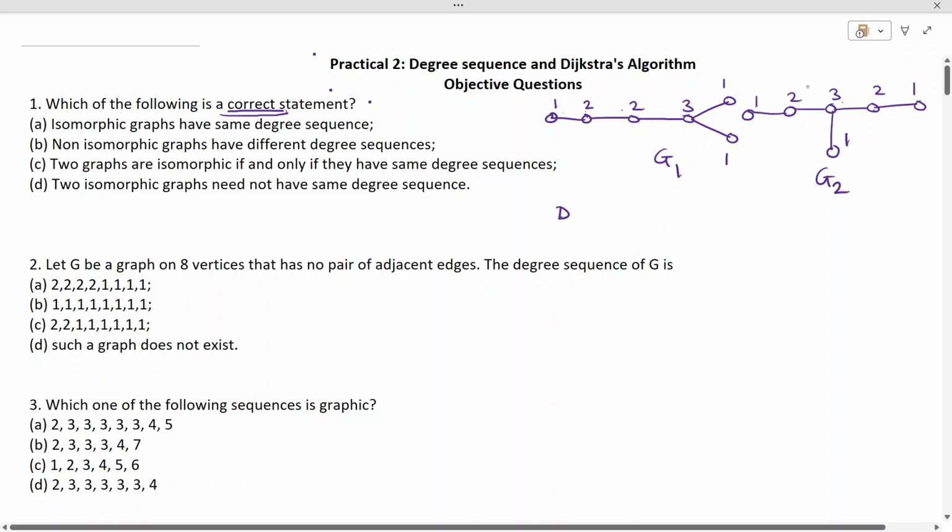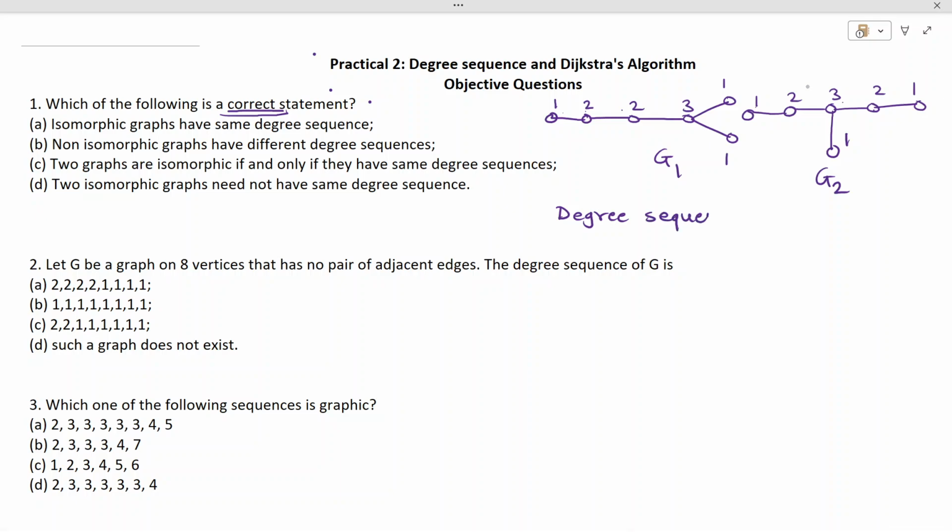But the degree 3 vertex in graph G1 is adjacent to two pendant vertices and the degree 3 vertex in graph G2 is adjacent to only one pendant vertex. Therefore, G1 and G2 are not isomorphic graphs, but they have the same degree sequence.